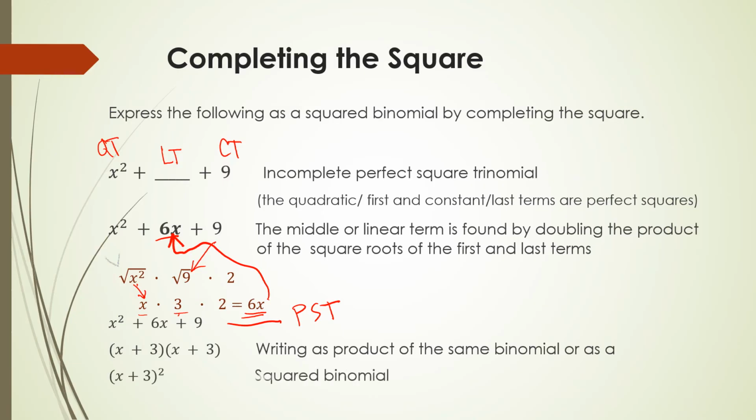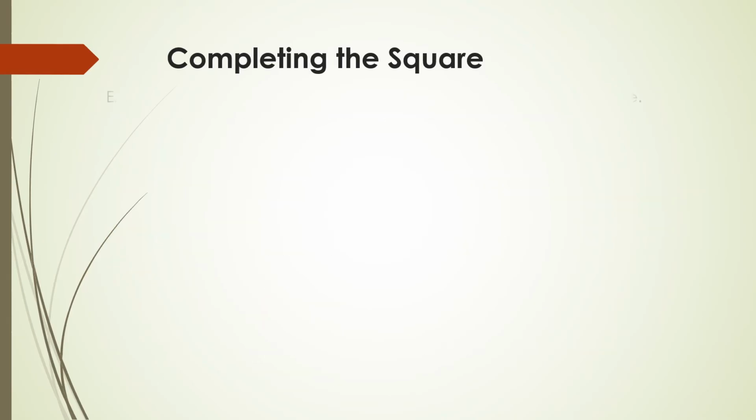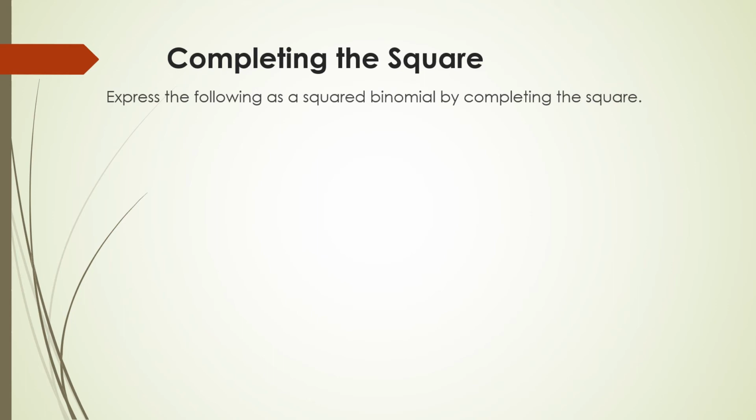Or written in the form of x plus 3 quantity squared. This is what we call the square of binomial. Okay, another example. The given is 4e squared minus blank plus 25. Again, it is an incomplete perfect square trinomial.